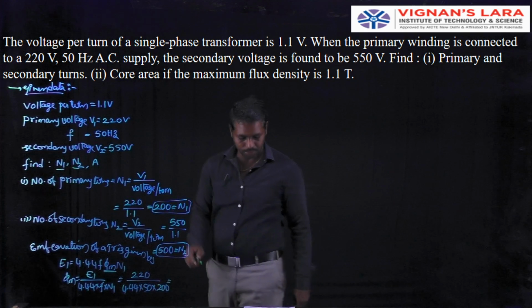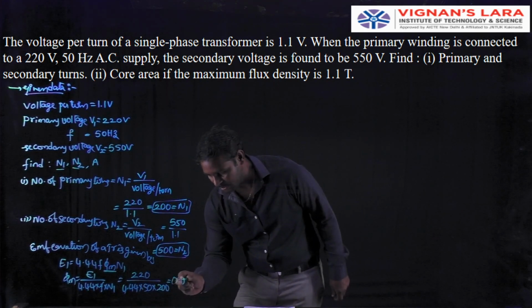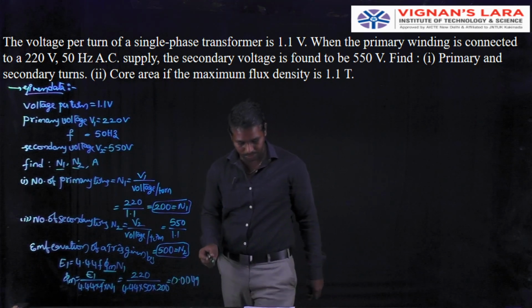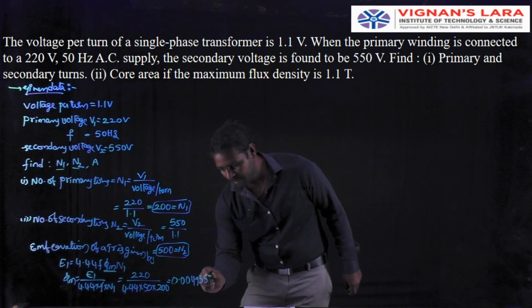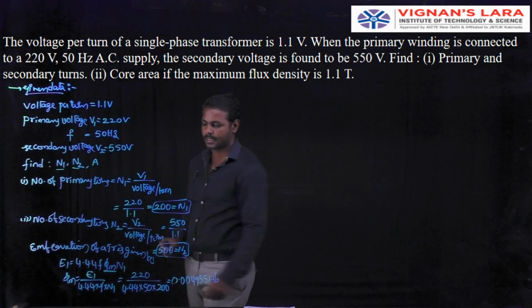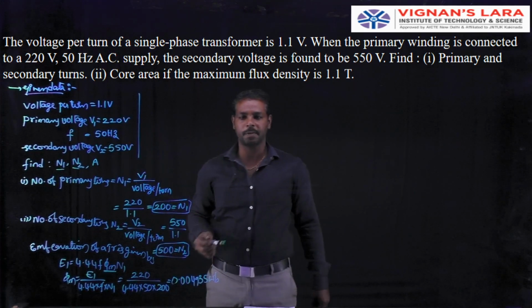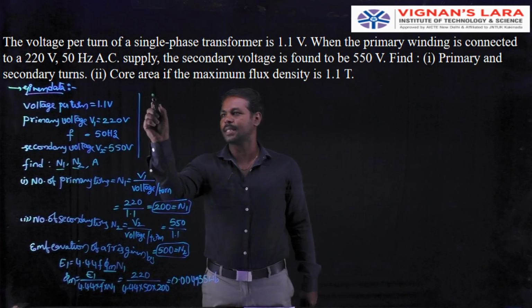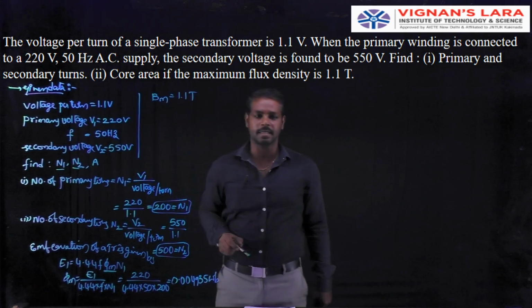That is equal to 0.004955 Webers, which is the maximum flux. But in the given information, the core area is to be calculated if the maximum flux density Bm is equal to 1.1 Tesla.